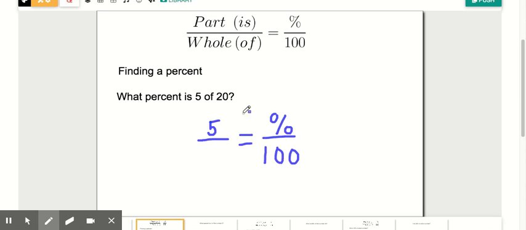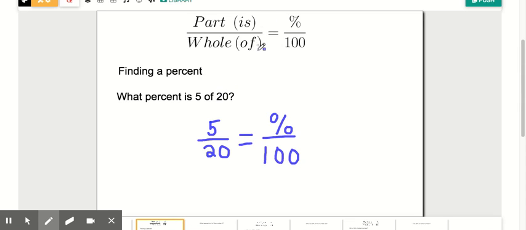So in this case, the part is 5. The whole is 20, or the of. See how the of goes with the whole of 20? That makes sense because if I want a part of a pizza, my whole would be the entire pizza. So the word of makes really good sense with whole.